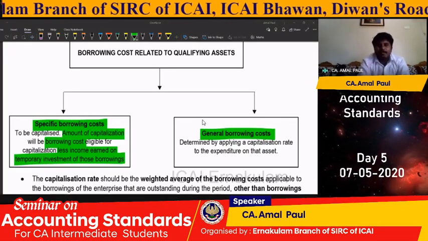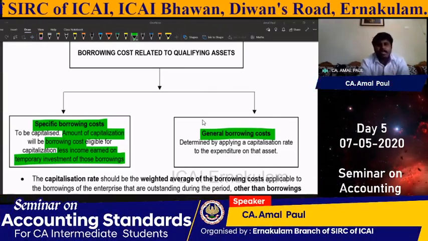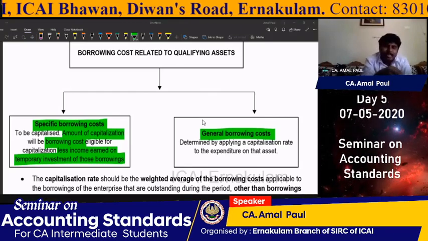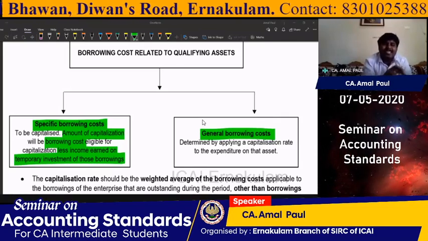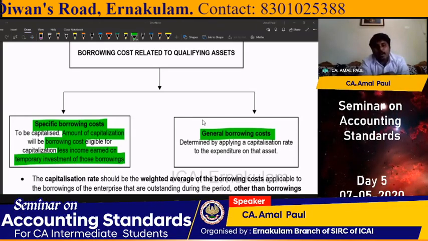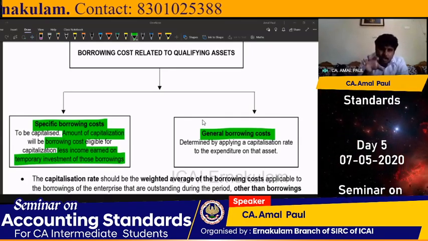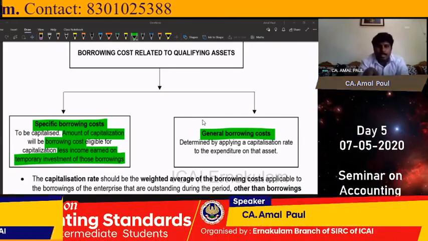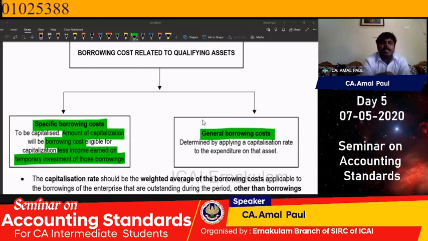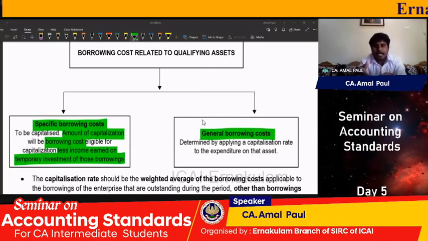Why? Because if you are not constructing this asset, if you are not producing this asset, this much amount would be surplus for you, right? This amount you could have repaid to the bank so that your interest cost would have been lower. That means only because of your constructing this, your interest cost is on a higher side.